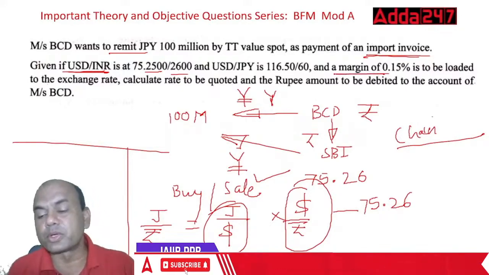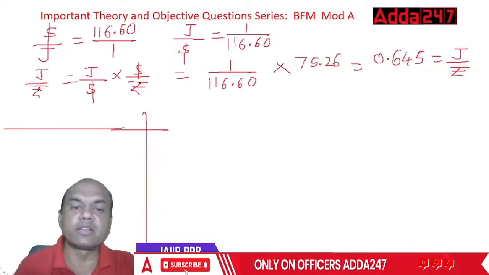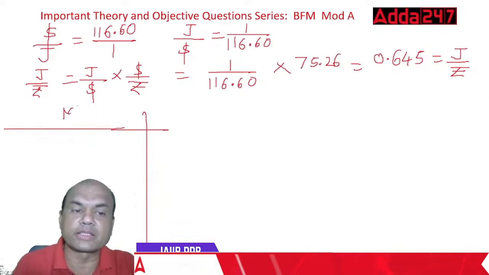But see here, there is a margin also involved, and I'm doing an import sale transaction. So for sale, what do we do? Firstly, what is the margin rate?